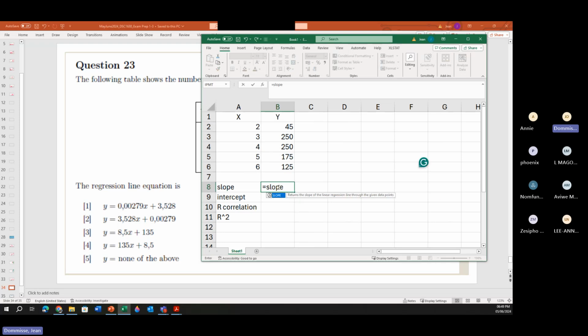Okay, so let's look firstly at the slope.